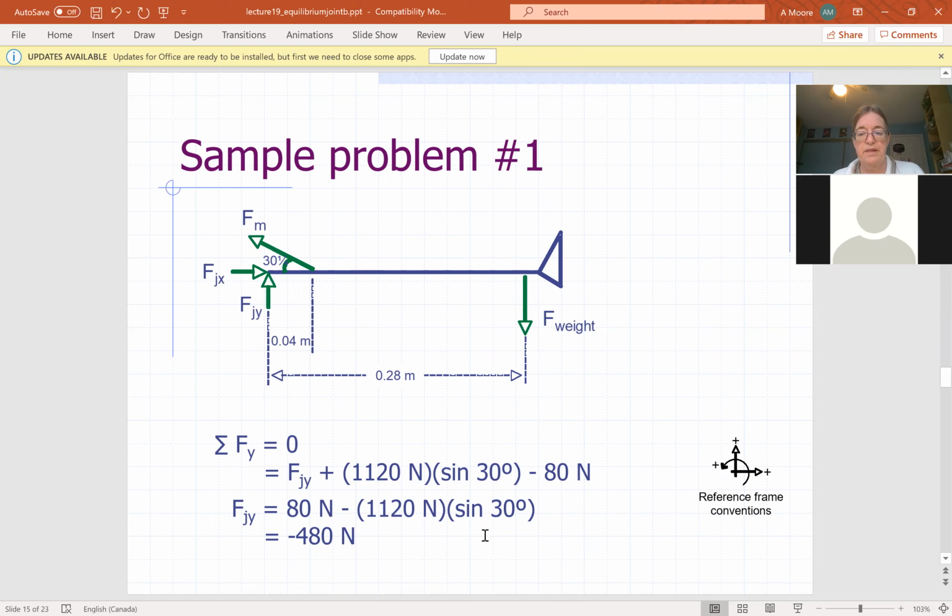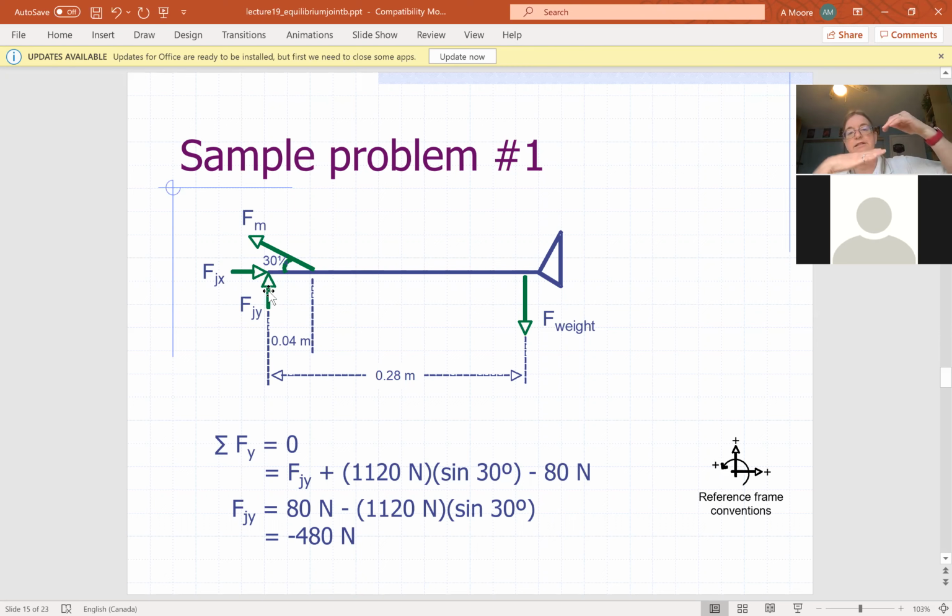And you'll note that in the end, I'm going to get a negative value. That negative value just means that as I've drawn, you don't change the direction of the arrow. You just say that the y component of the joint force is 480 newtons in an opposite direction from what I drew.